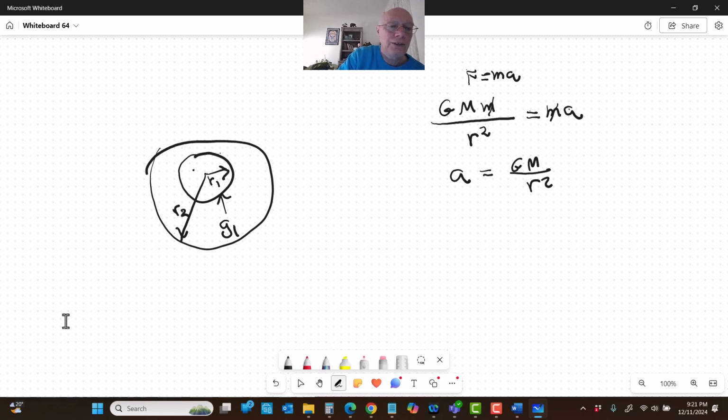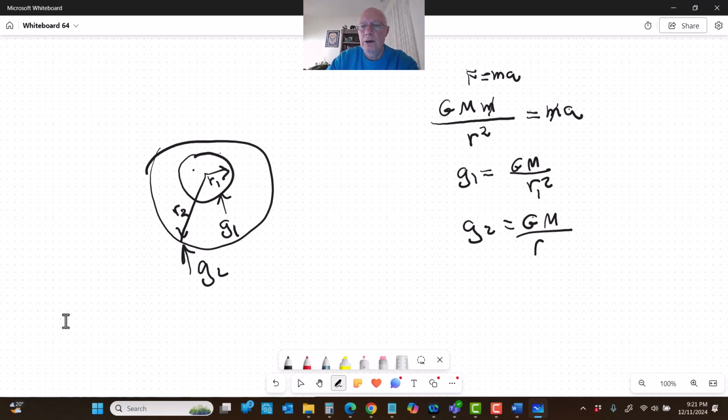Okay, and the acceleration of gravity there is g2. So let's do it in terms of those numbers. The planet's mass doesn't change, so we have g1 equals GM over r1 squared. Now we already found that. That's the g that we found. And g2 is GM over r2 squared.